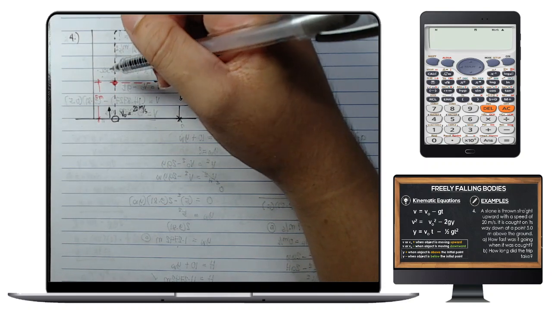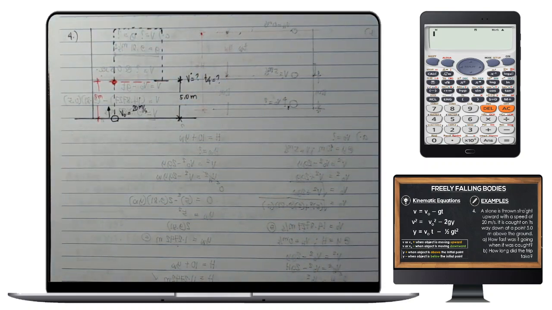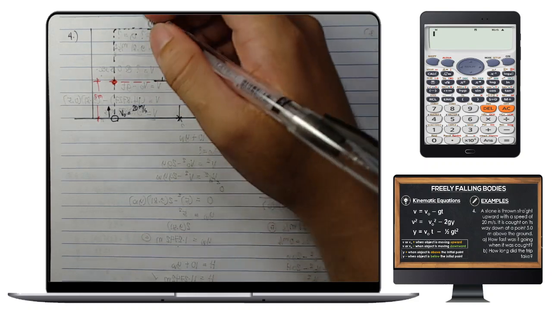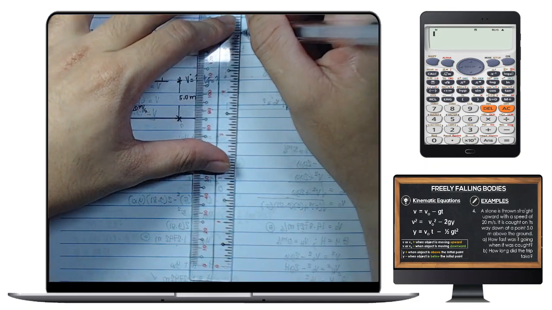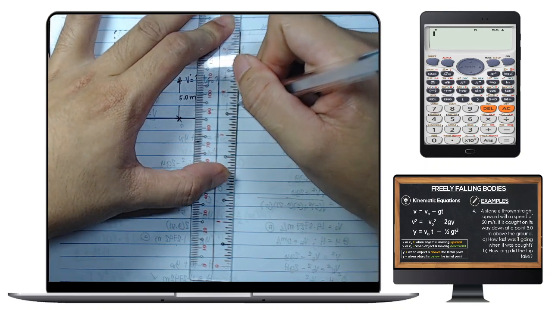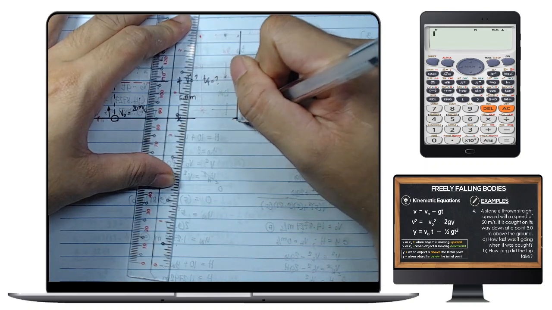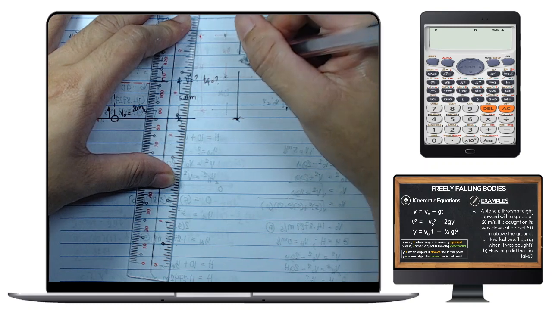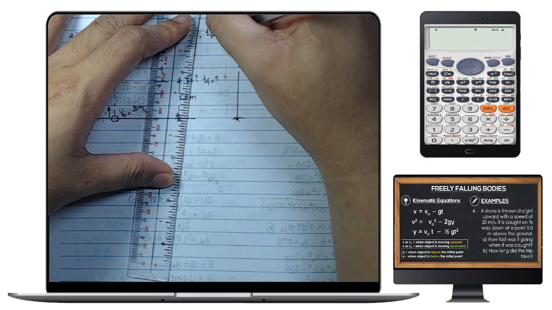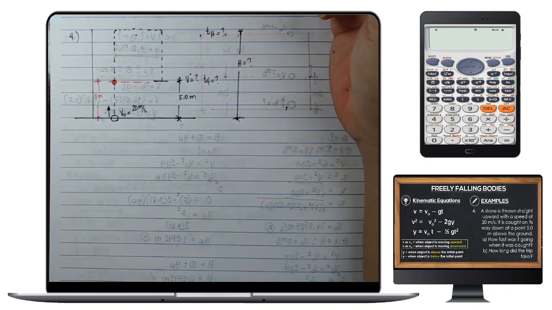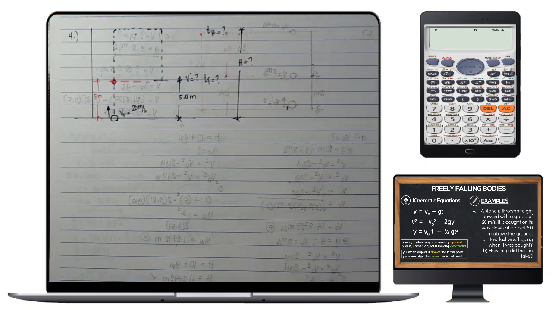So pag ginamit natin si second equation, yung velocity na ma-solve natin ay negative. So to be safe, hanapin muna natin yung maximum height niya. Okay? So yung mismong value, yung maximum height. So consider natin yung maximum height and the time to reach the maximum height.